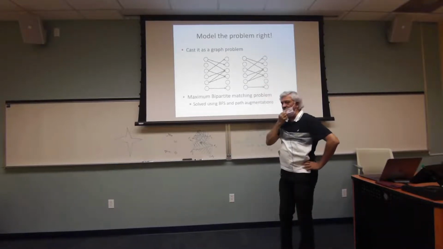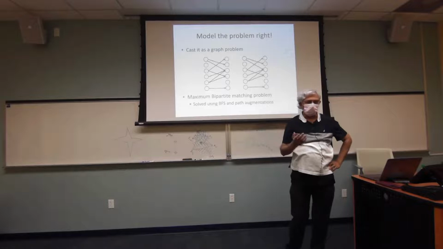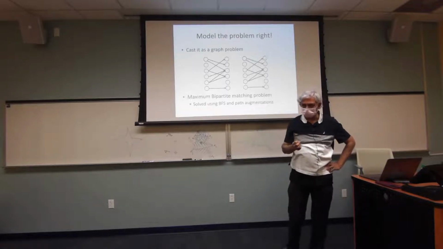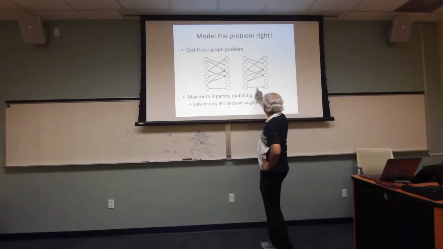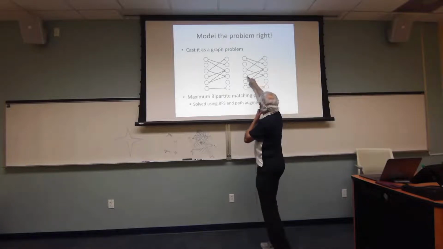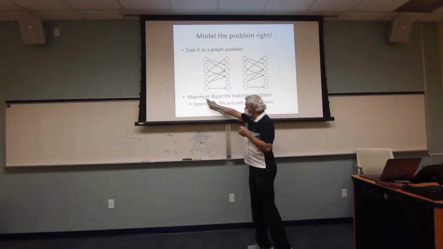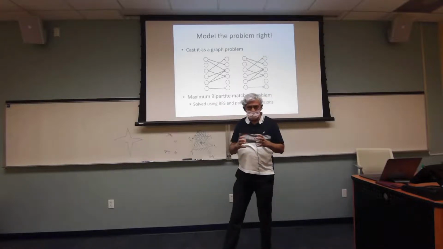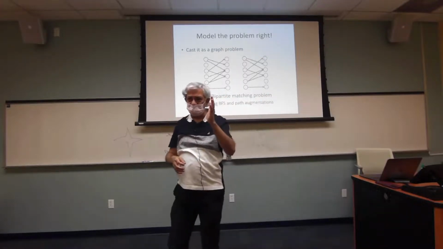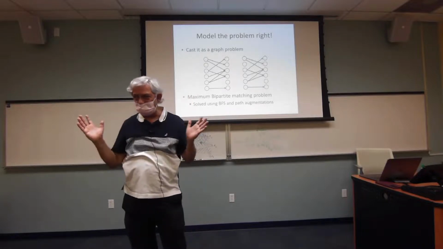If you look at the green edges here, it gives you a bipartite matching. So you're matching this person with this slot, this one with this one, and so on. And you want the maximum matching, which means you want to maximize the number of people matched with time slots.